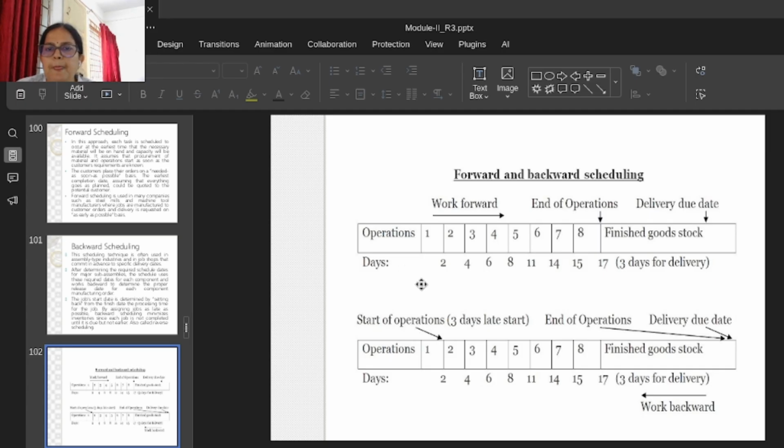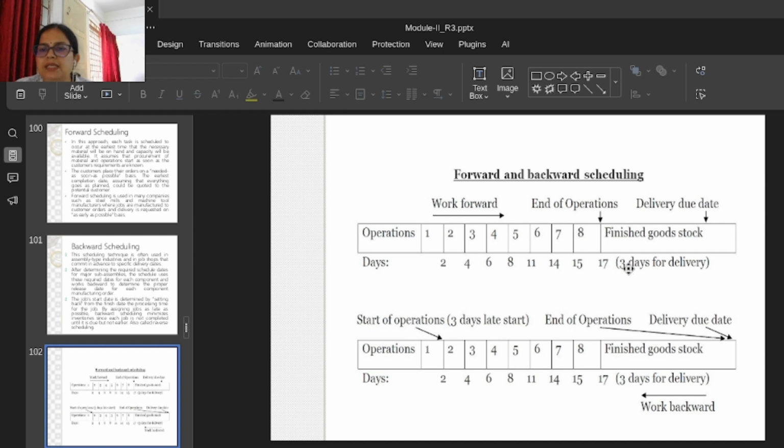Here you can see, suppose the production takes 17 days. If it takes 17 days, we produce it, keep it 3 days for delivery, and deliver the product to the customer. This is the due date. But here, we know the due date, so there is no need to work this time period. We calculate backward, and we start the process maybe 3 days late.